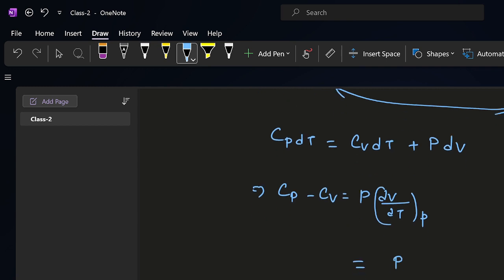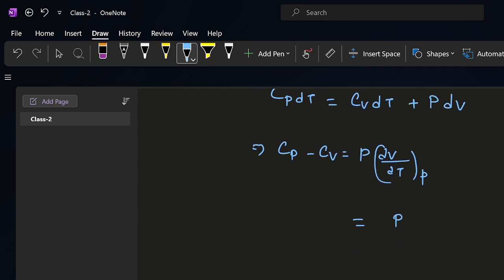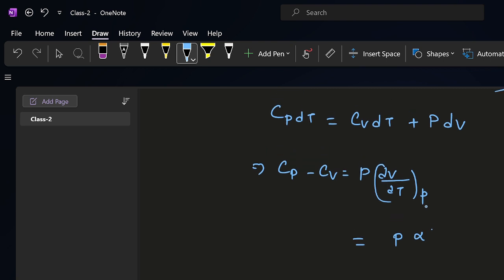Okay, so if that is the case, then just replace the value with alpha. So it is dV dT at P constant equal to P times alpha times, if I am doing it right, Cp alpha T, just let me check.